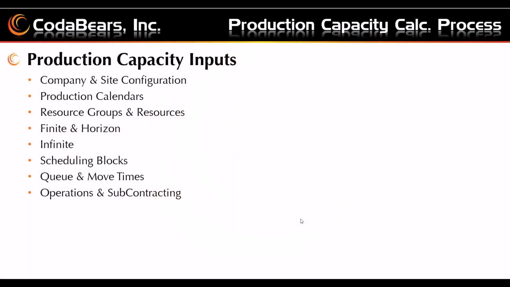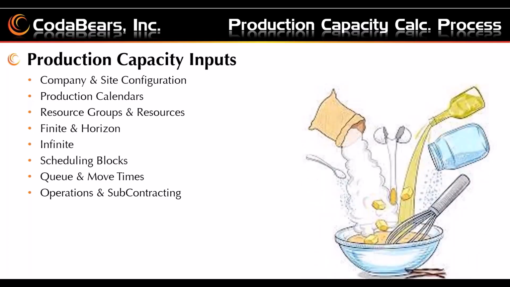So the first thing is, what are the inputs that go into production capacity? A lot of things go into making up what can be done in the system. Company and site configuration needs to go in there.